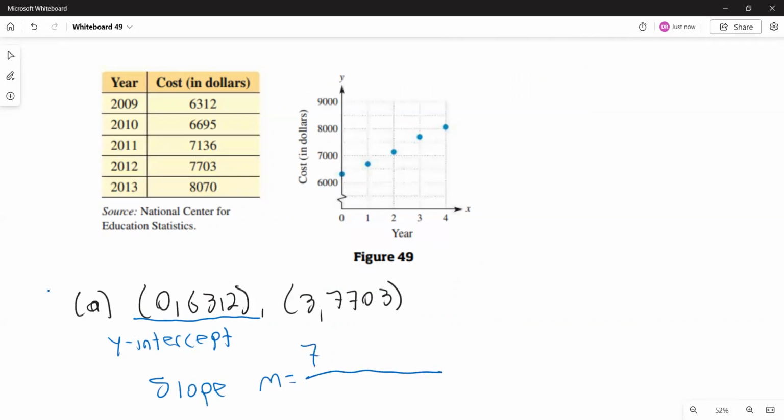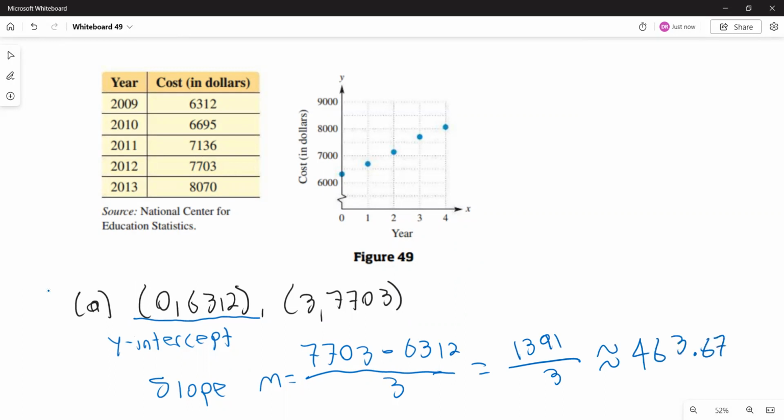So that's (7703 minus 6312) divided by 3, which is 1,391 divided by 3. And that's approximately, if we round to the nearest hundredth, 463.67.